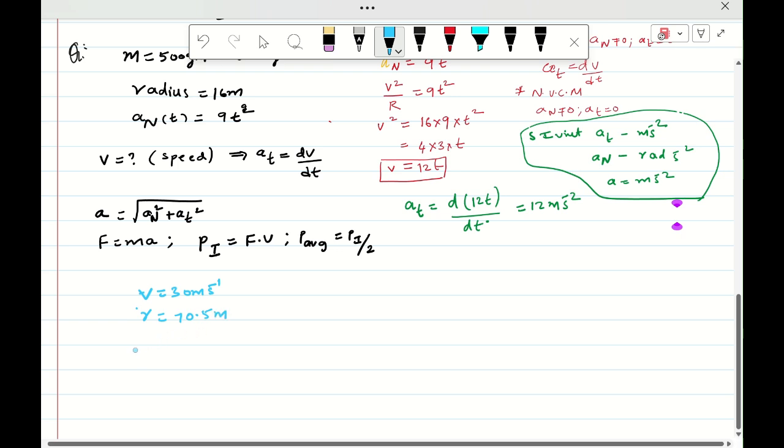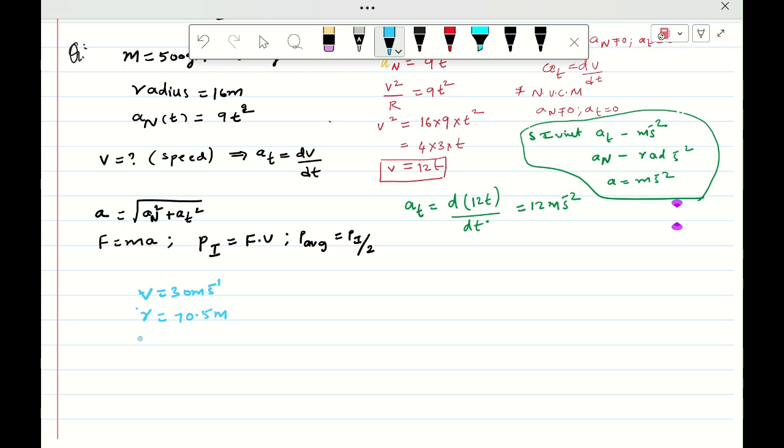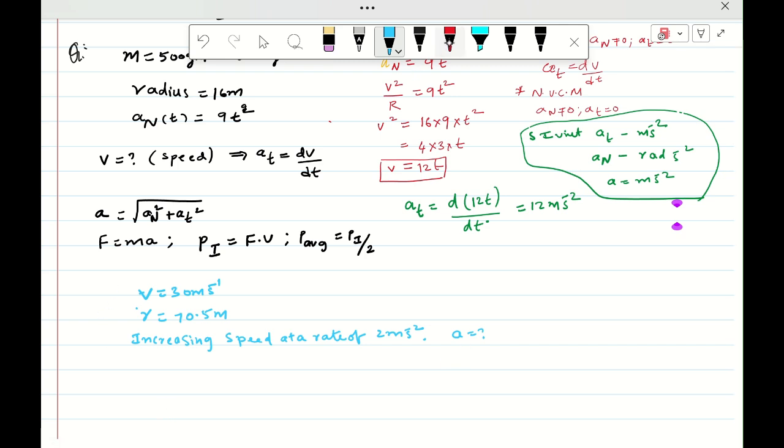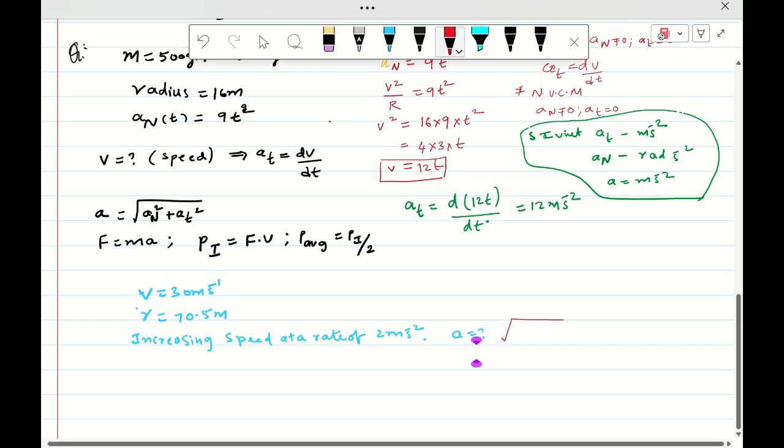It is increasing speed at a rate of 2 meters second power minus 2. Find the acceleration of the car. Therefore A equal to question mark is asked. By the data it is very clear, we are asked to find A equal to root over AN square plus AT square.